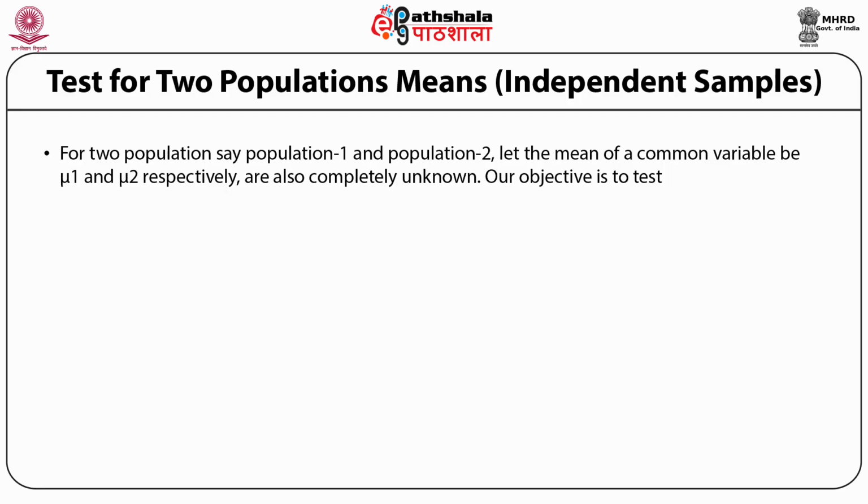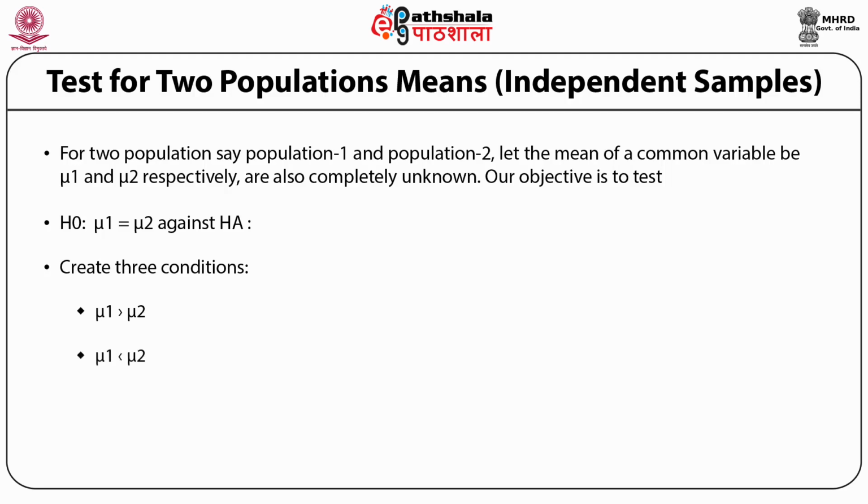Our objective is to test if mu1 is equal to mu2 against an alternative hypothesis where we can create three conditions: mu1 is greater than mu2, mu1 is less than mu2, or mu1 is not equal to mu2.